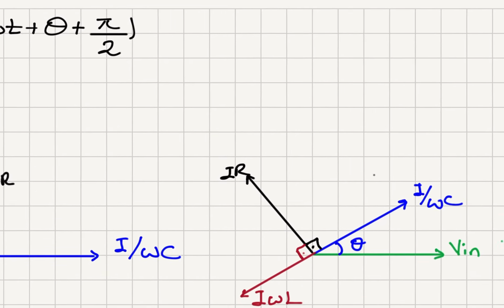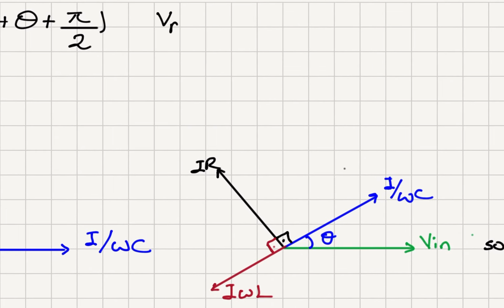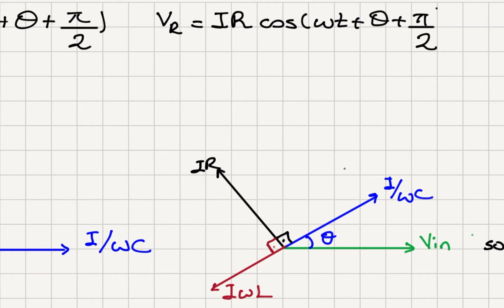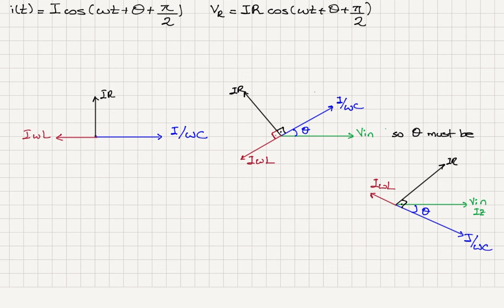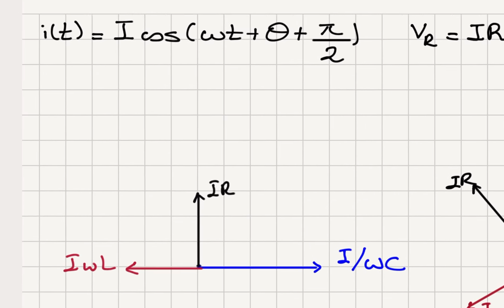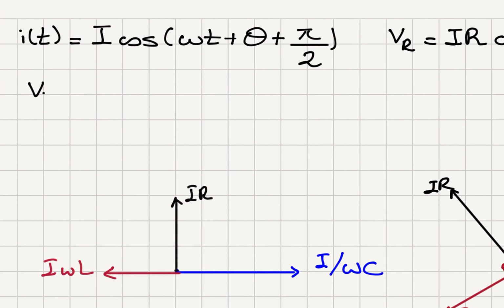Now what is the voltage across the resistor VR? It is the current amplitude multiplied with resistance. It's going to be in phase with the current phasor: I R cosine omega t plus theta plus pi over 2. And if we look at the voltage across the inductor, VL, it is L di dt.